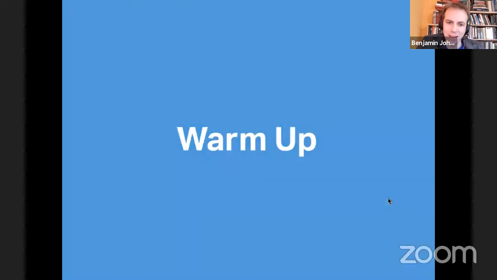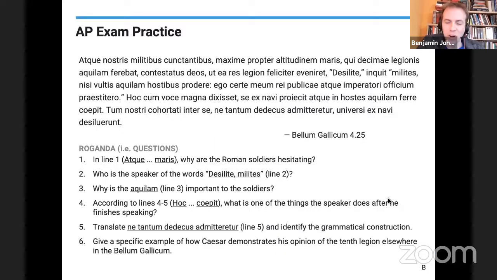So let's do your homework from last class. This is the famous bit about the Aquilifer, where he notices that the soldiers are staying put on their transport ships and aren't leaving to go and fight the people on the shore. And so he says, "Jump down, guys, if you want to, unless you want to betray this eagle to the enemy.